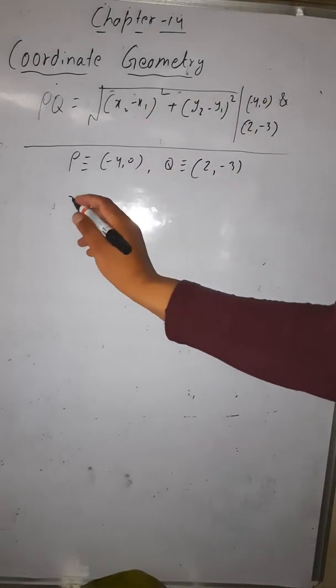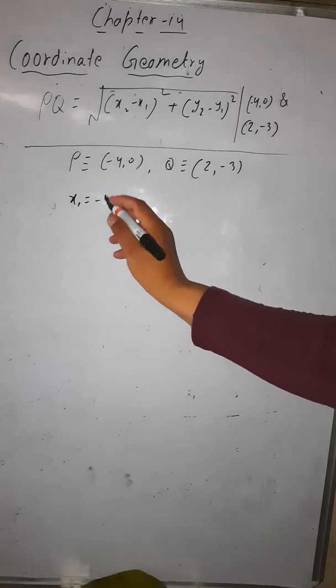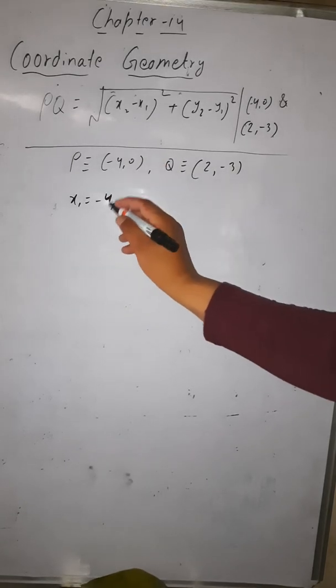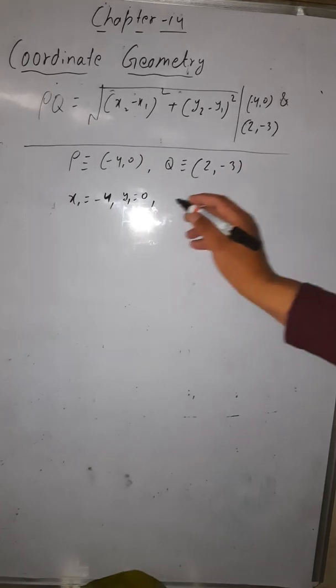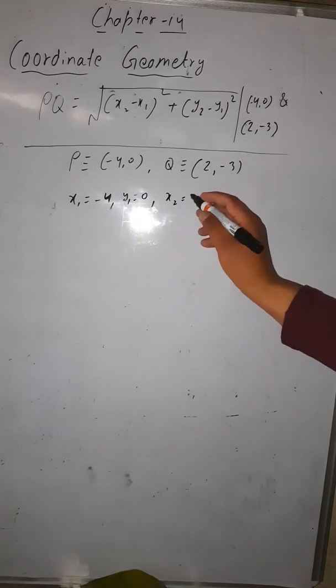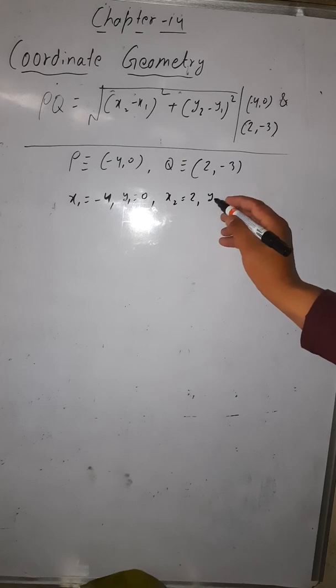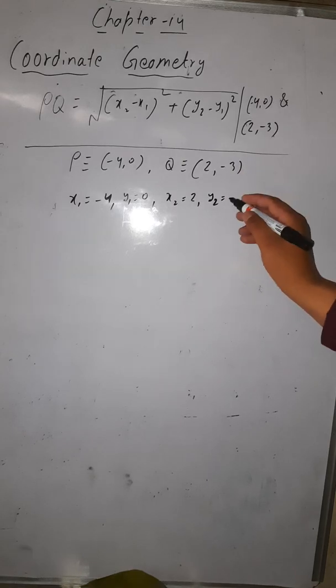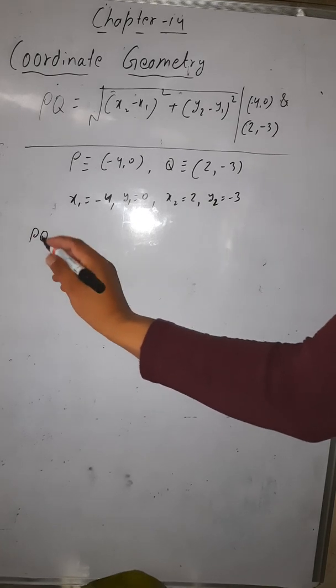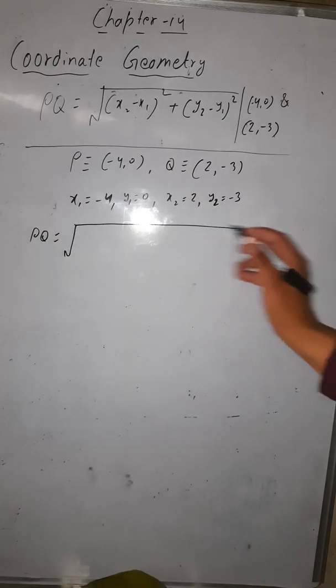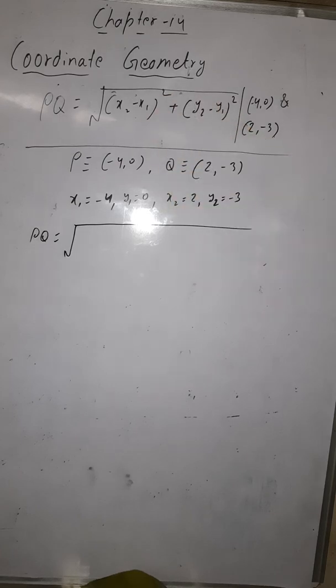Now let's write the value of x1, y1, x2, y2. This is x1 is minus 4 and this will be y1 is 0. Similarly x2 is 2 and y2 is minus 3. Which sign you have to write? Y2 is minus 3. Now use the distance formula. PQ is equal to under root x2 minus x1 whole square.